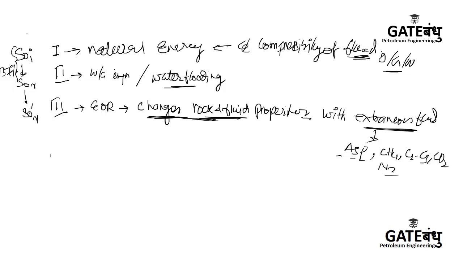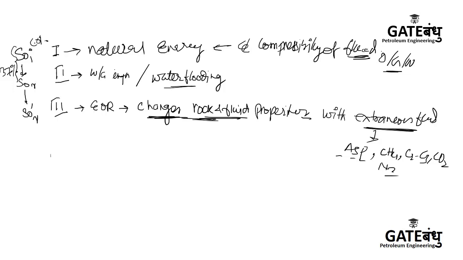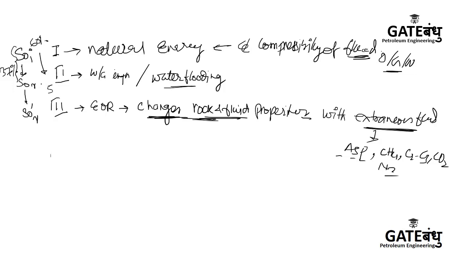Like here the SOI is 60%, and this is reduced to say 45%, and further if we could reduce even 5%, that would be a very big achievement from EOR. Actually not 5%, somewhere it is almost 30-40%, but approximately say 5%, 1 to 3% is a good amount.